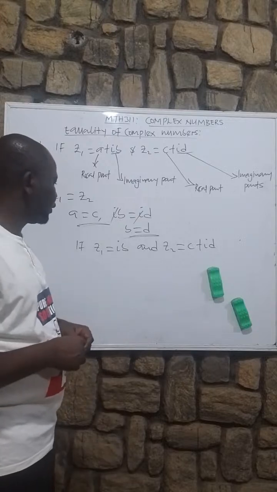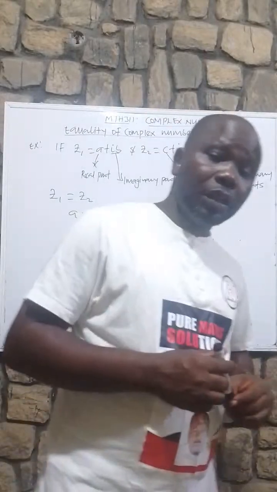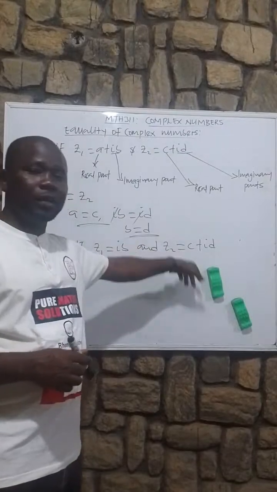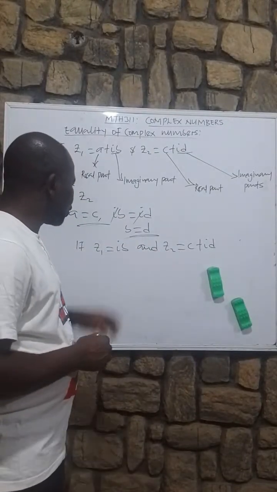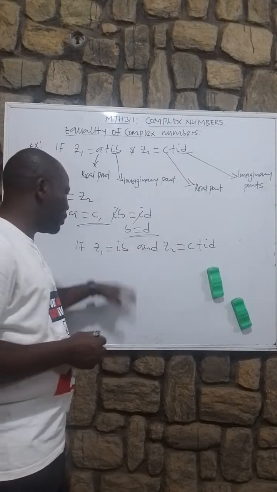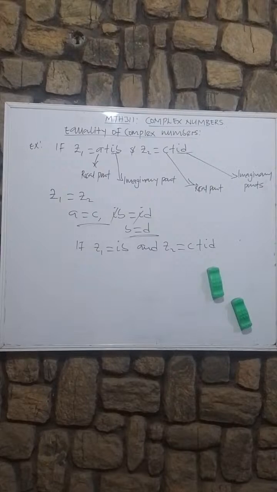Please, I need your answer. If they are equal complex numbers, justify your claim. If they are not equal complex numbers, justify your claim. I give you only 1 minute to do that in the comment section. I'm going to give you 1 mark.